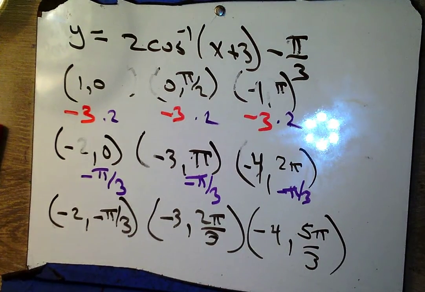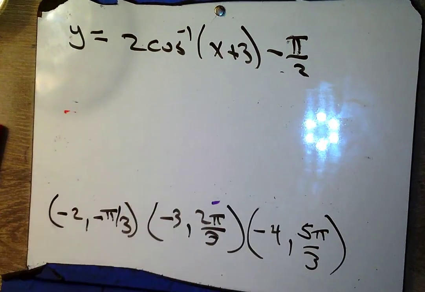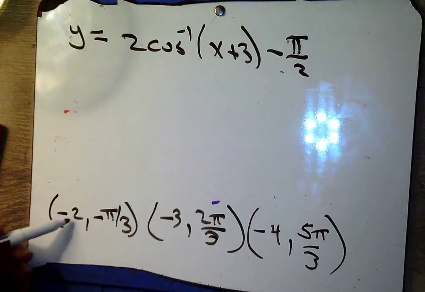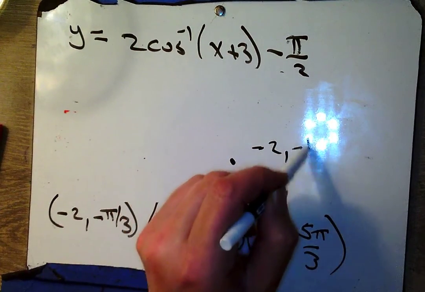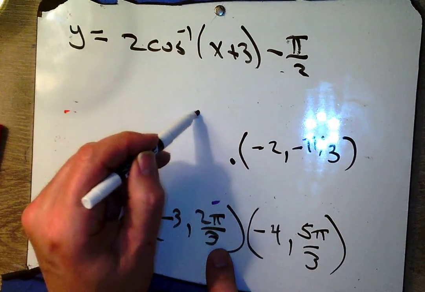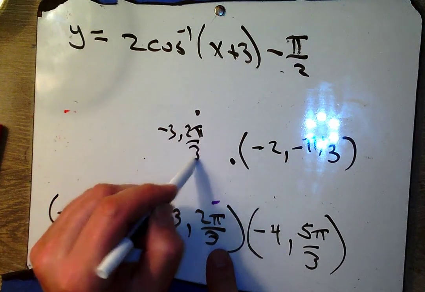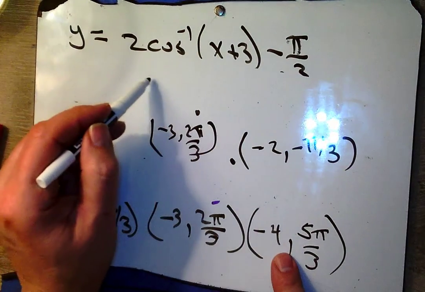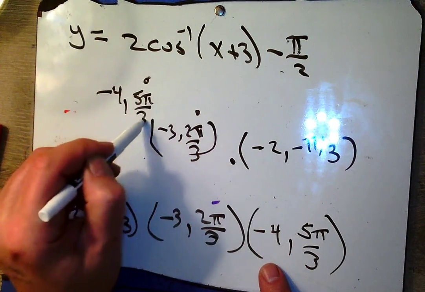All right. So let's graph. We've got (negative 2, negative pi over 3). We have (negative 3, positive 2 pi over 3). And we've got (negative 4, 5 pi over 3).